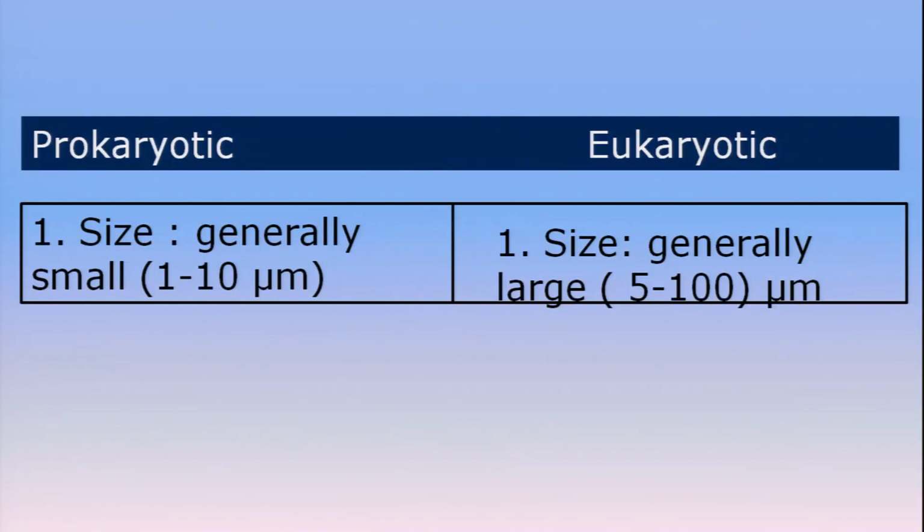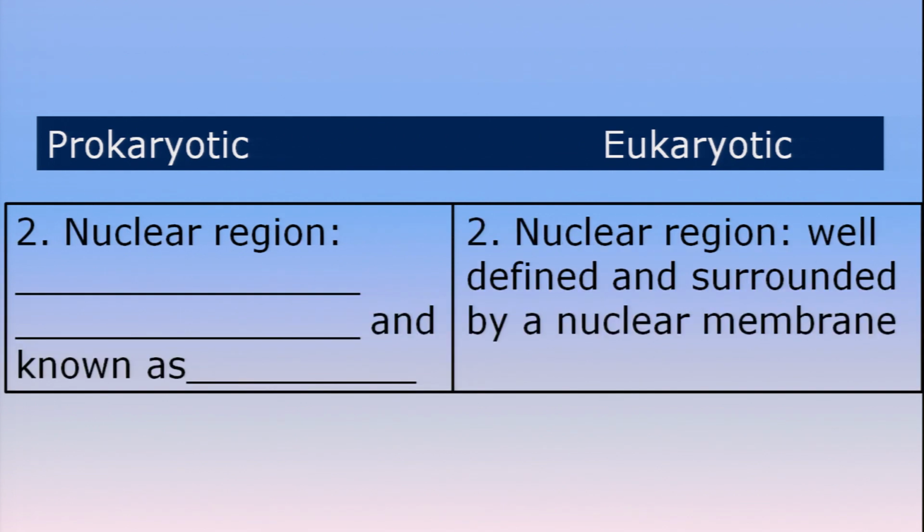So we will just point out the difference between prokaryotic cell and eukaryotic cell. You see, the prokaryotic cells are small in size. They are 1 to 10 micrometer in size. But eukaryotic cells are bigger in size, and they are generally 5 to 100 micrometer in size.